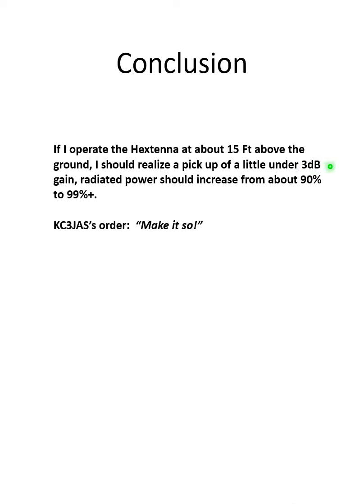Since it's about 3 dB, we're doubling the power, which sounds like a lot, but if you look at it in the context of S units, there's a ratio of about 6 dB per S unit. So what this would really do is get us about a half an S unit on our transmissions. Now, the only place that would really make a difference is at a station where our signal was, say, on the tripod at the noise level and couldn't be copied.